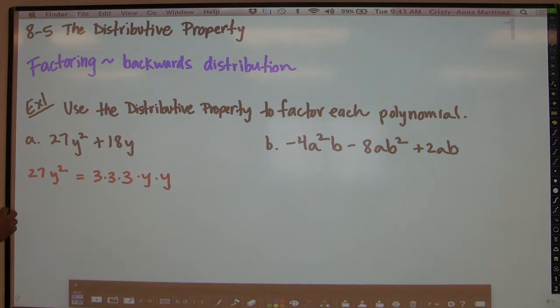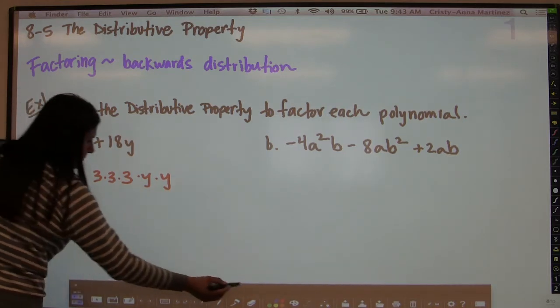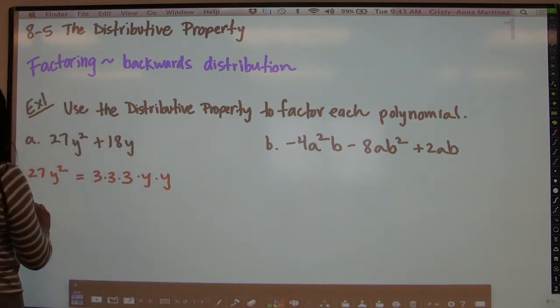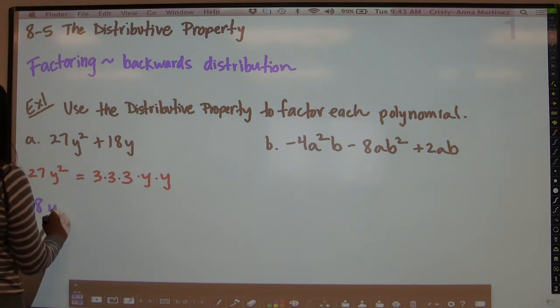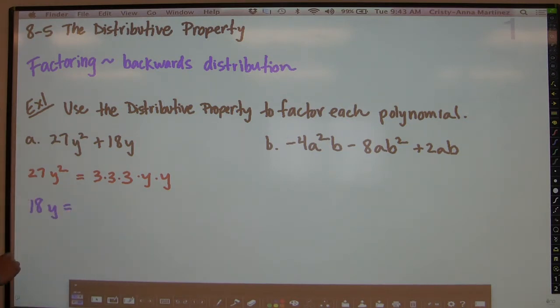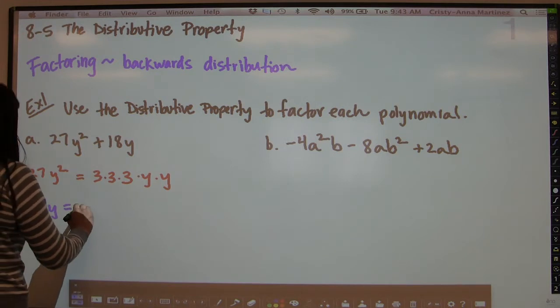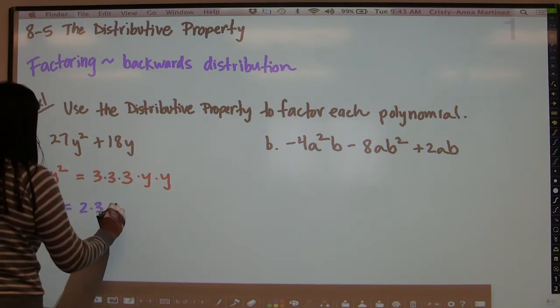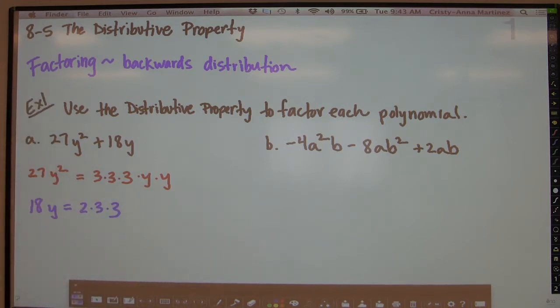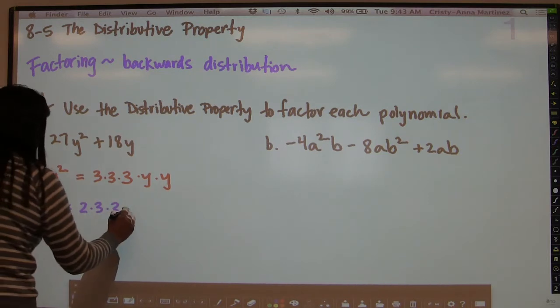And then we want to do the same thing for the 18y. 18 as a prime factorization is going to be 2 times 3 times 3, because 2 times 9 is 18 and 9 is 3 times 3. So we're going to get 2 times 3 times 3 and then times y.